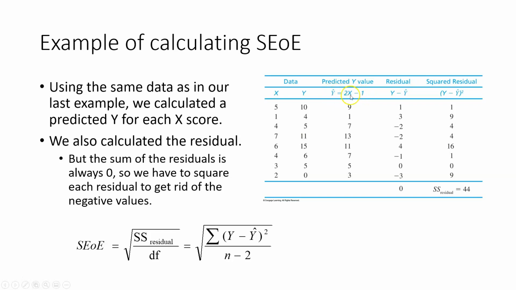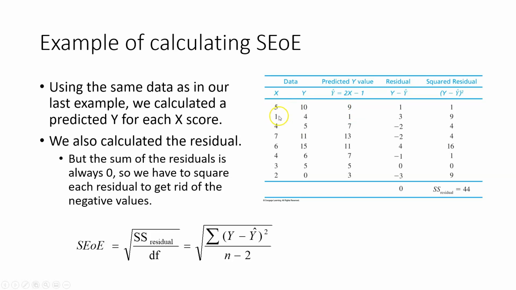And we need to use this equation to figure out what we predict somebody should get on y given what they actually had on x. So we take this x value of 5 and we plug it into the equation and we say 2 times 5 minus 1 is 9. Now they actually got 10, but we think they should have gotten 9 if they were following the regression line perfectly.